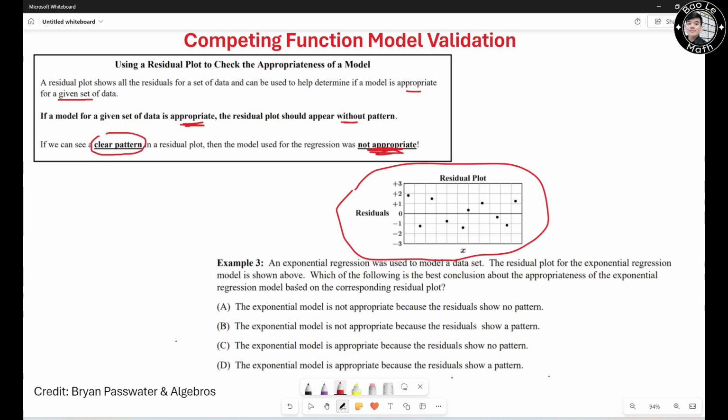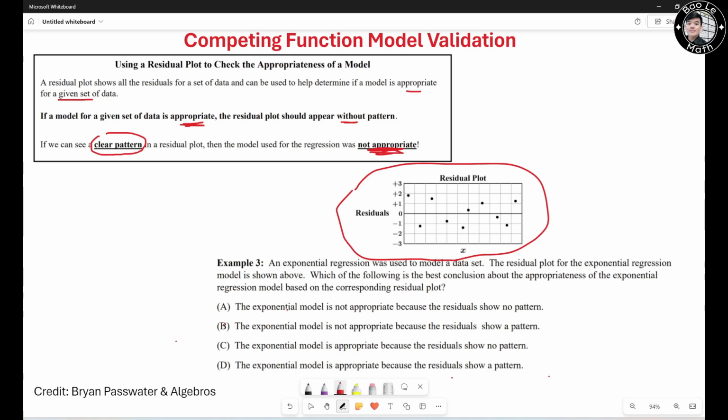Alright, so we look at the example right here. Example number 3, an exponential function regression was used to model a dataset. The residual plot for the exponential function model is shown right here. Now, we need to determine if this model is appropriate given the residual plot.